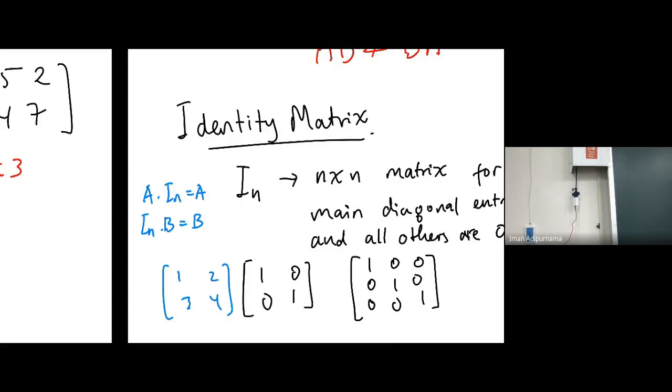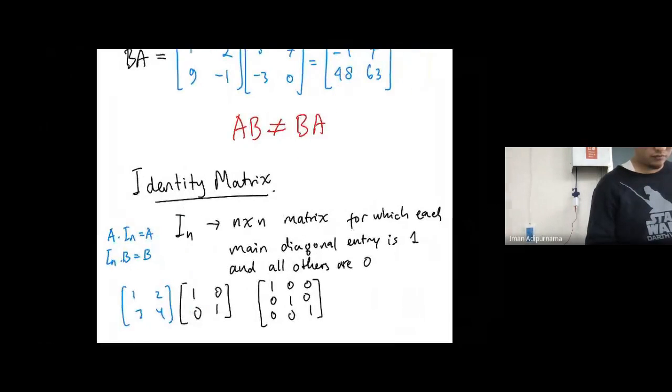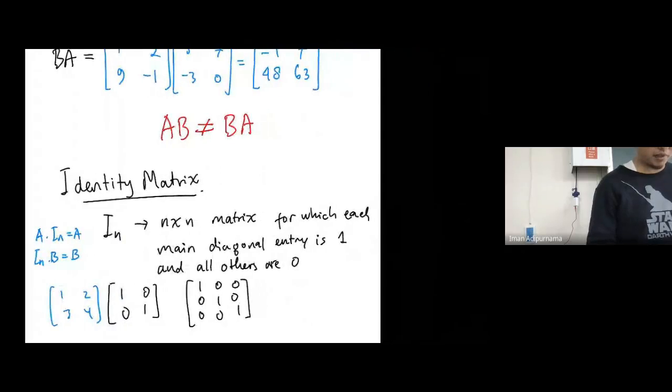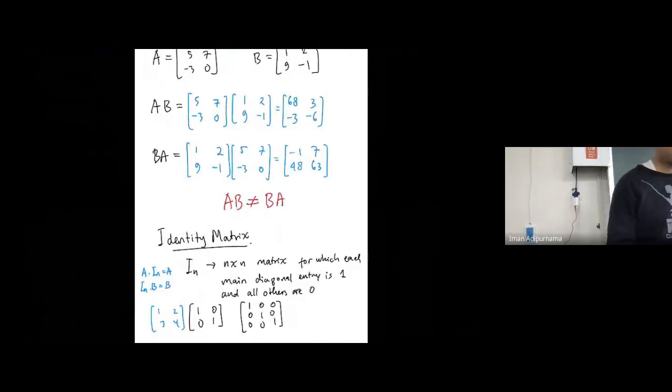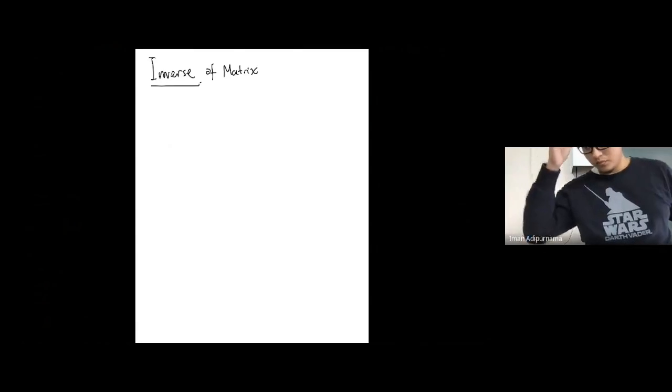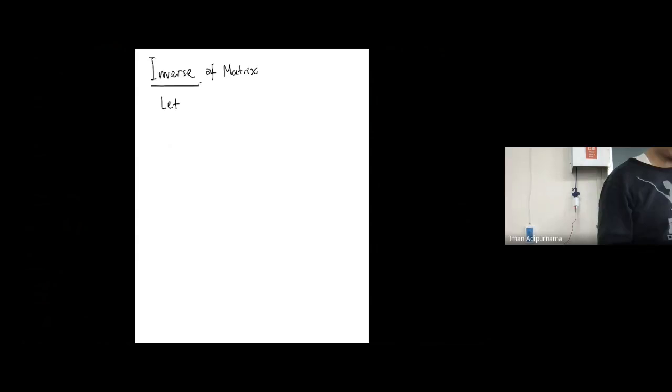So the next one is the inverse of a matrix. Let A be an n by n matrix.